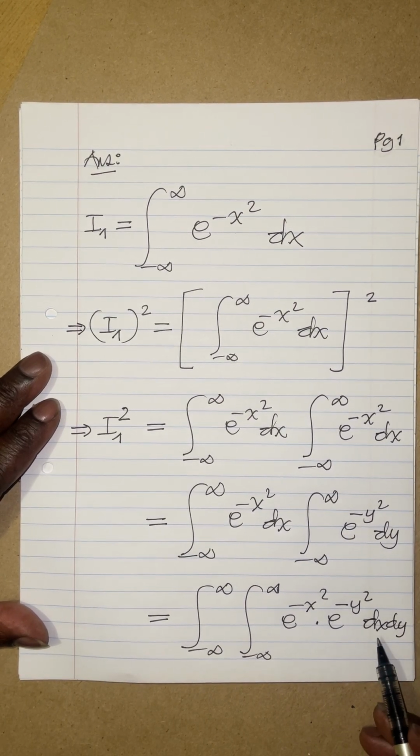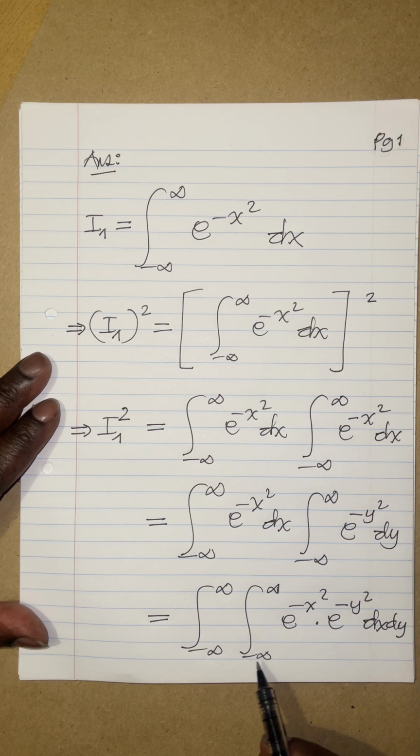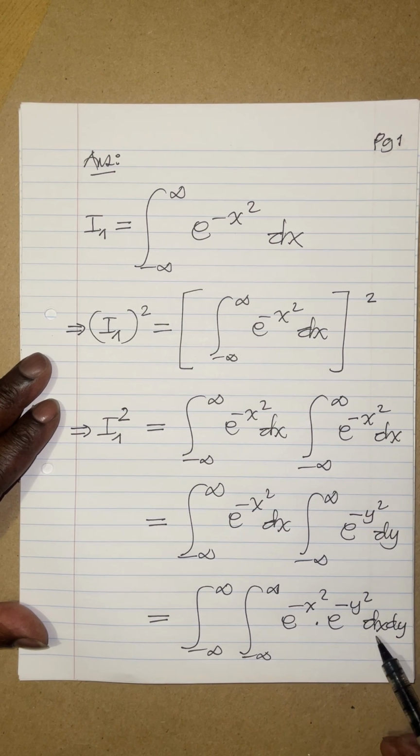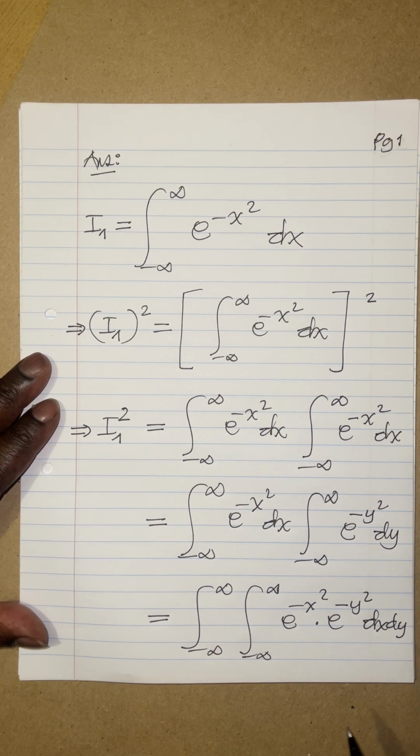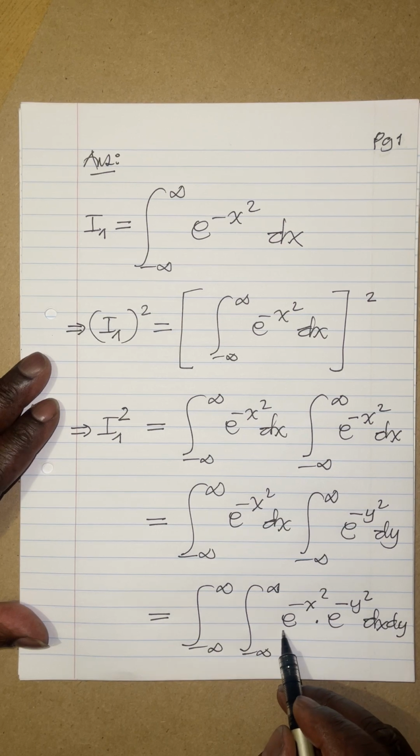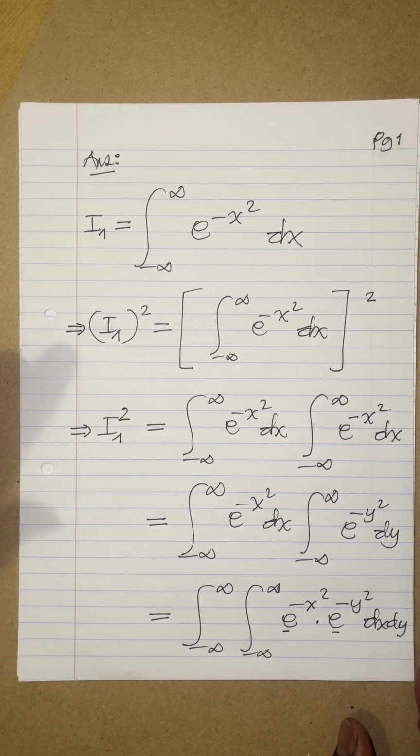So notice that dx dy implies the inner integral. This first integral here will be with respect to x, and the outer one will be with respect to y. Now, using laws of exponents, you remember same base, we add the exponents.